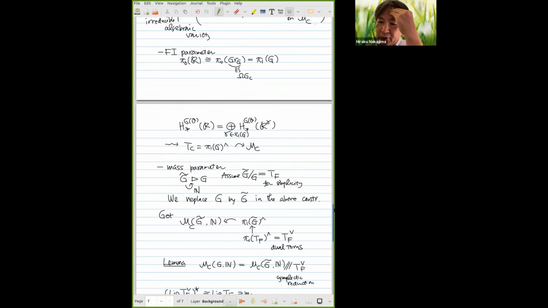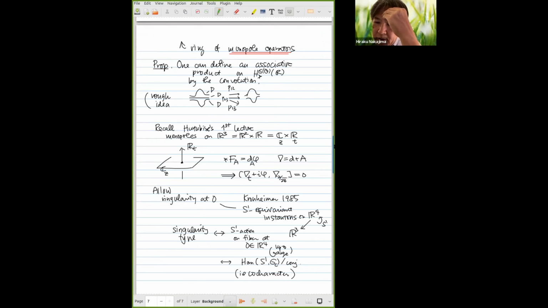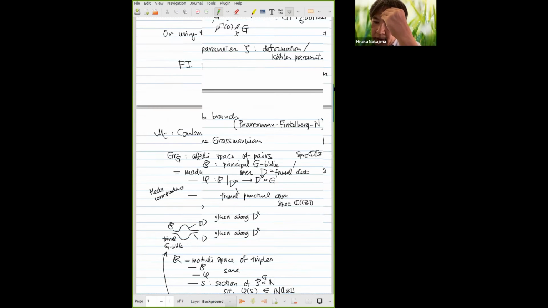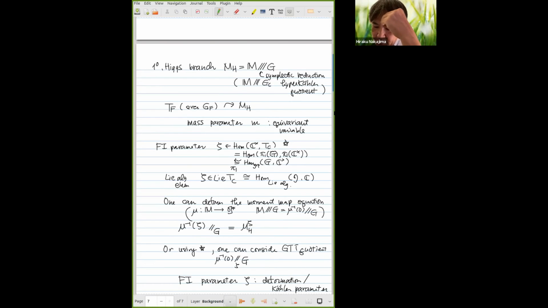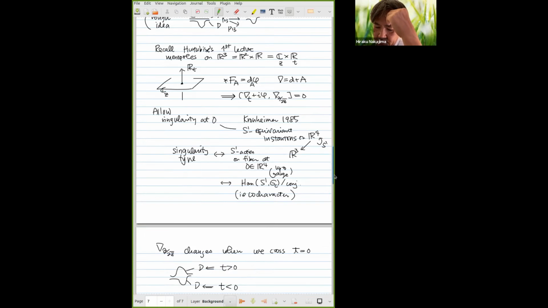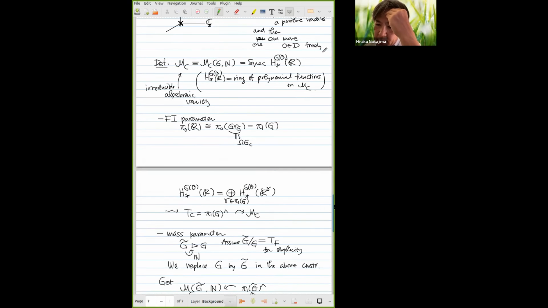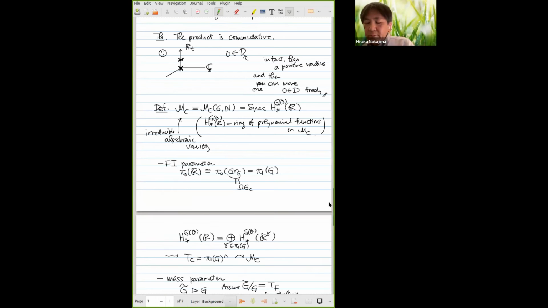Maybe I should also mention that. Let me see where it is. Yeah, this definition. So this definition was motivated by Hanany and his collaborators' monopole formula.